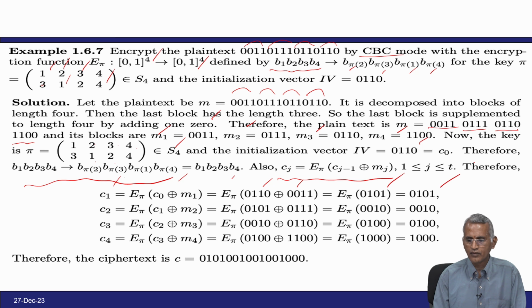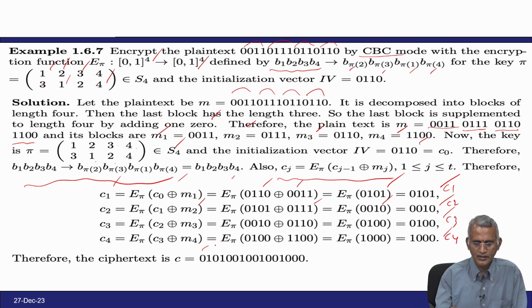Therefore, E pi of this one, 0101, will come. And the next, C2, is nothing but E pi of C1 XOR M2, the symmetric difference. Therefore, E pi of 0101 XOR 0110, and then add them. The net value is the same, because the fourth is identity. Similarly for C3 and C4. So C1, C2, C3, C4 we deduced, and that is the ciphertext of the given problem.